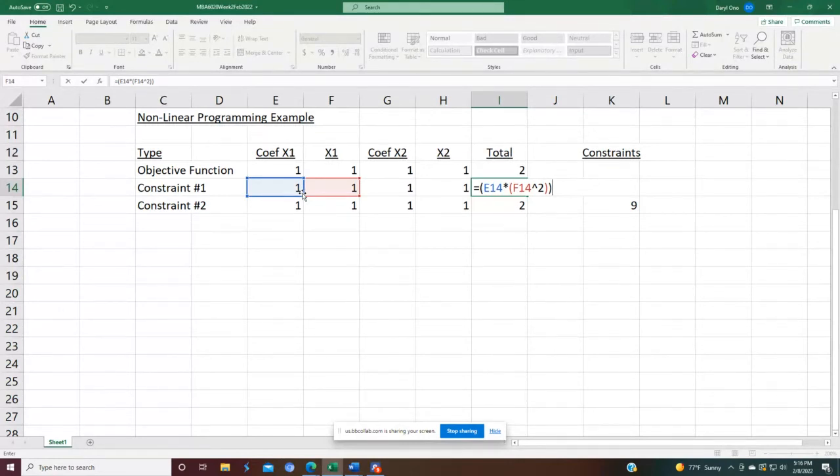Okay. And so this is it for that, and then plus G14, and then times, left parentheses, H14 squared. Right.